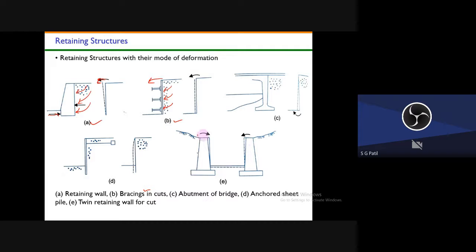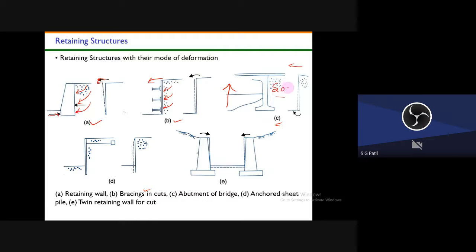Another example is the bridge abutment. Here a river is flowing, and all the bridge piers will come here. At the end of the river, the road will start. Coming from the land side, the first pier is supported on one side by soil.